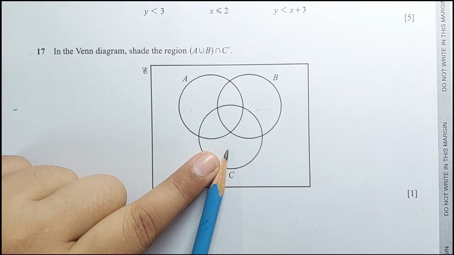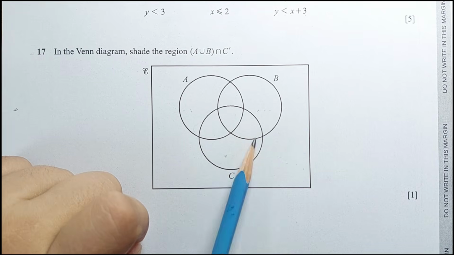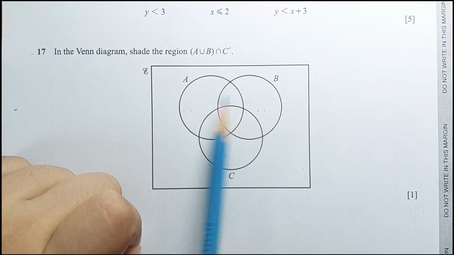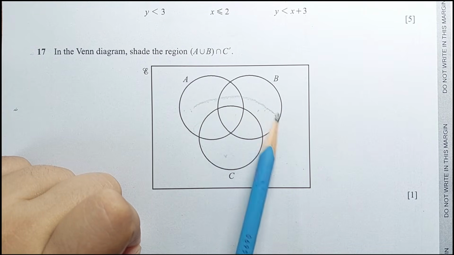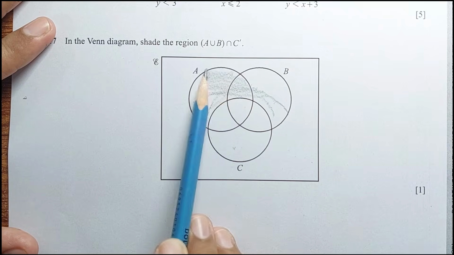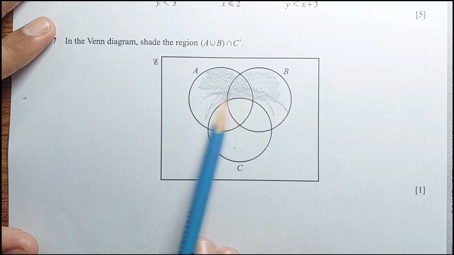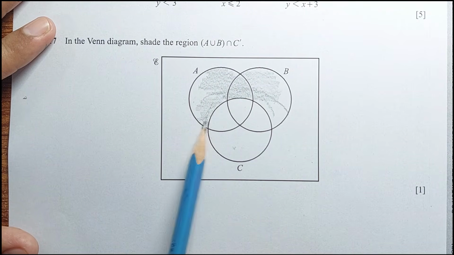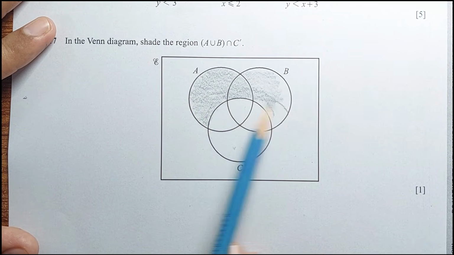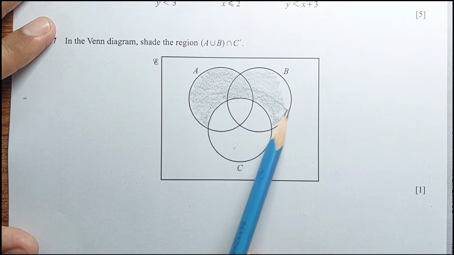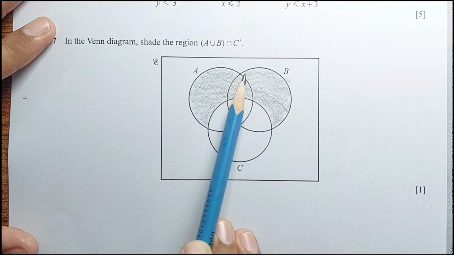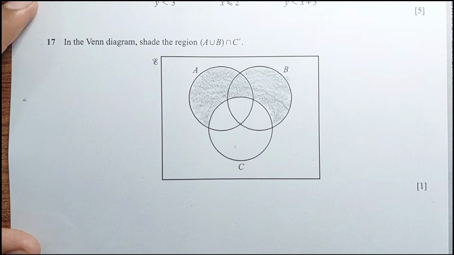C complement is the region that is outside of C. So the intersection of these two is just this one. Let me shade it and show you. We are not including C because it's a complement. So this is the shading.